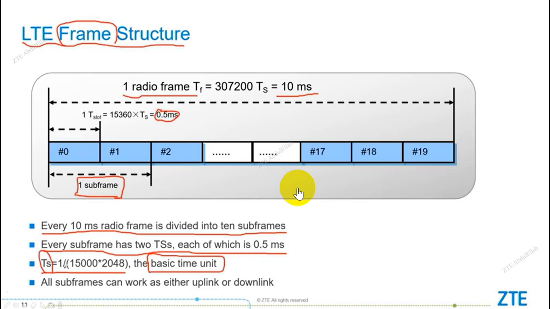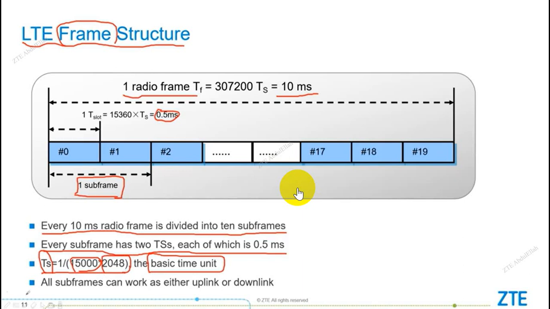1 TS is equal to 1 divided by 15,000 multiplied by 2048. Here 15,000 means 15k hertz, and 2048 means 2048 samples. If you want to know the details of 15k hertz and 2048 samples, you can read our document.